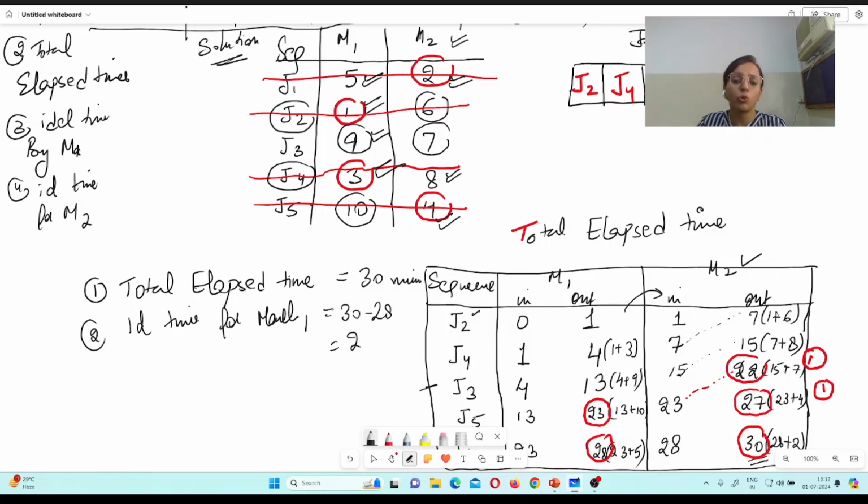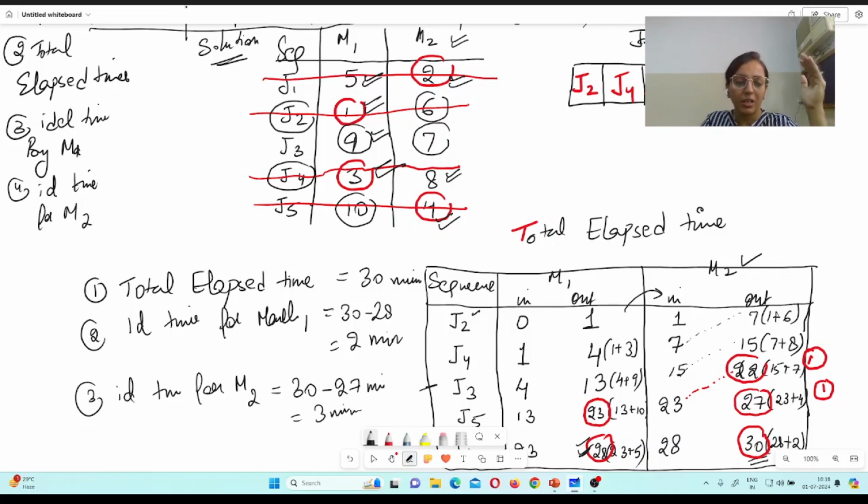That will be 2 minutes, as the total time taken by machine 1 is 28. Therefore, it has to wait for 2 minutes. And the third point is the idle time for machine 2. The total elapsed time is 30, and machine 2 completes its work at 27 minutes. They just wind up all their work. That means they have to wait for 3 minutes.